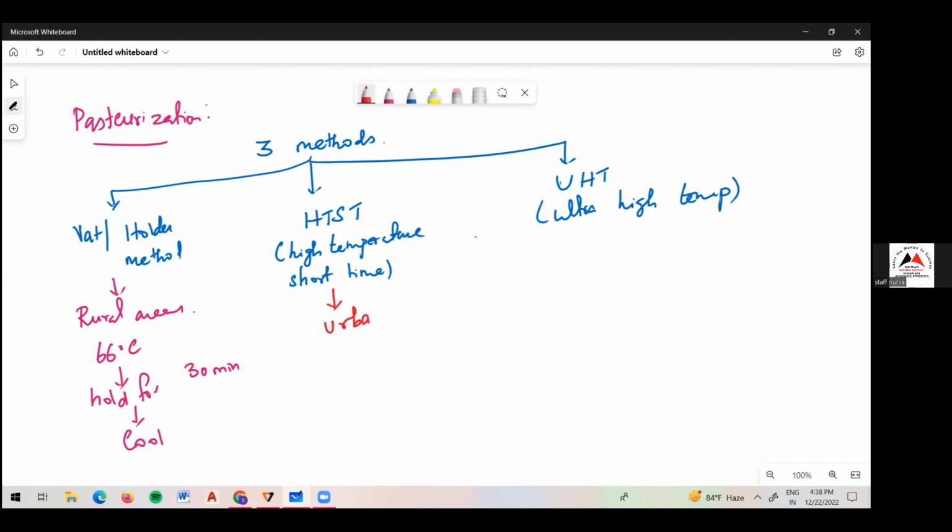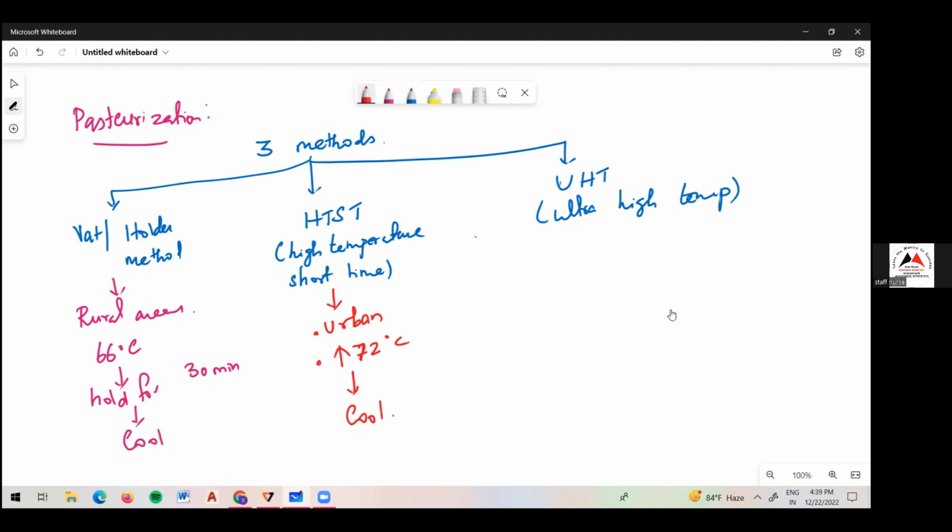The temperature is more than 72 degrees Celsius, and after that we have to cool it.